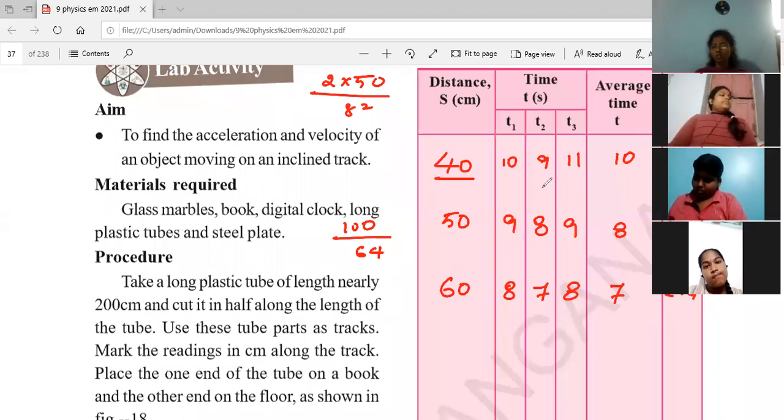So we observe T1, T2, T3, three times in all the distances here. So we got 2s by t square as 0.8, 1.5 and 2.4. So here it is increasing. If the distance is increasing, then 2s by t square is also increasing here.